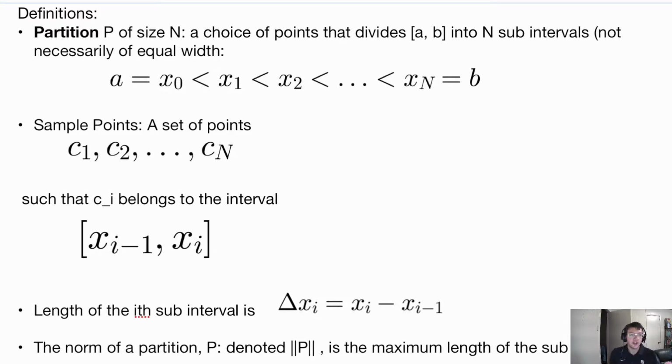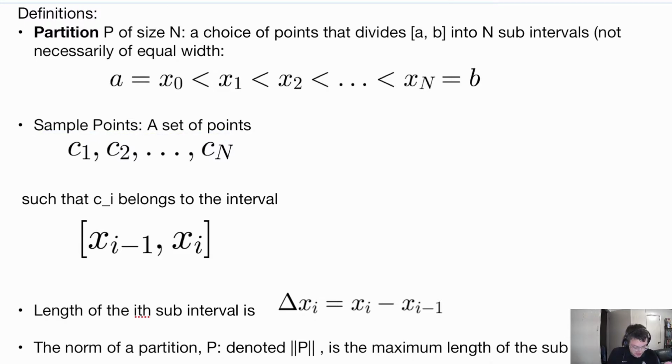Basically, we just pick n many points in this interval from A to B. The only stipulation is that our first point, x naught, has to be our left endpoint A, and our last point, xn, has to be our other endpoint B. That's the only stipulation. That's what a partition is. I'm going to draw some examples in just a second.